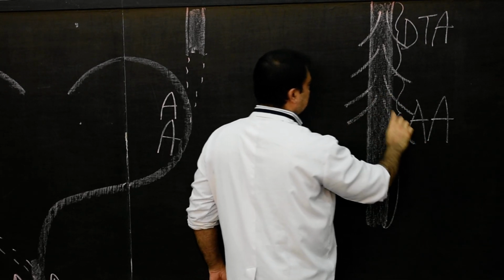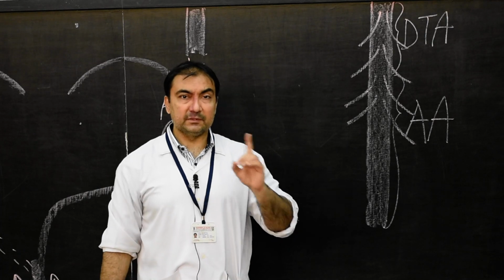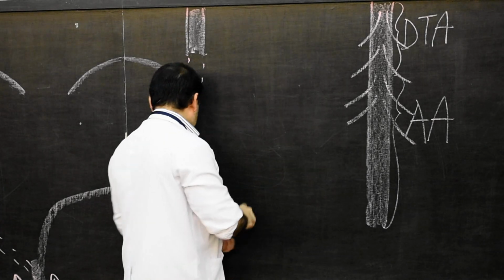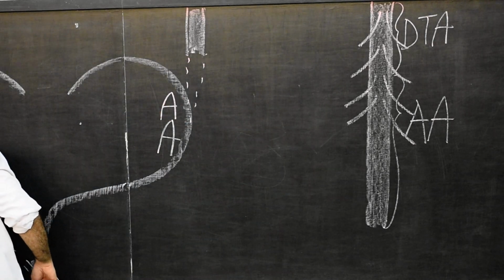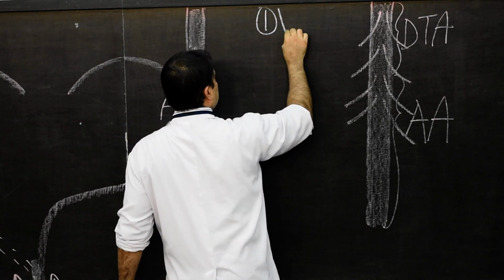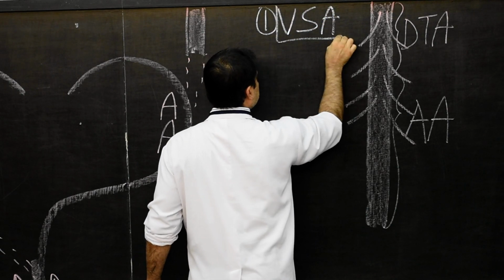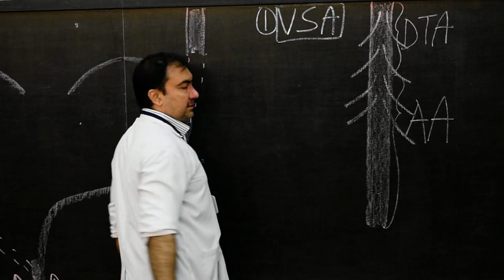It takes its origin from the anterior surface of the aorta, so those arteries are known as ventral splanchnic arteries, from the anterior surface of the aorta.